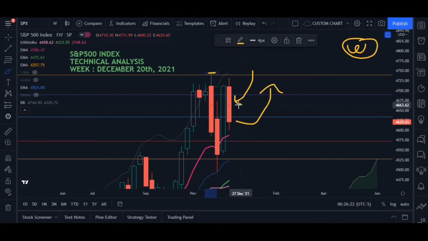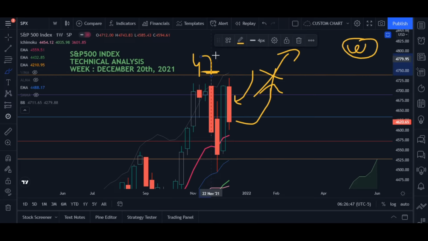The condition remains the same as I told you last week: in the bull side, the market is not going anywhere until and unless it crosses and closes above the high of this candle, which was 4743.83, so 4744.